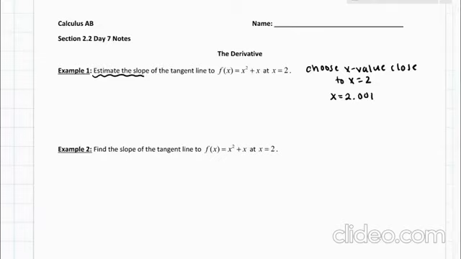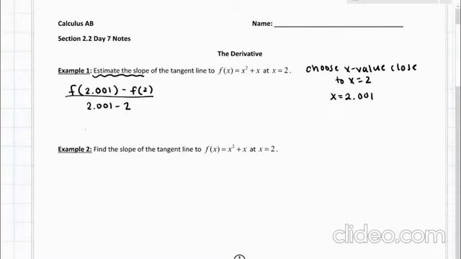So if we look here, we have f of 2.001 minus f of 2 over 2.001 minus 2. Remember, that's our slope formula, y2 minus y1 over x2 minus x1. And so if we put that into our calculator, we'd be plugging in the 2.001 into x in both of those places.